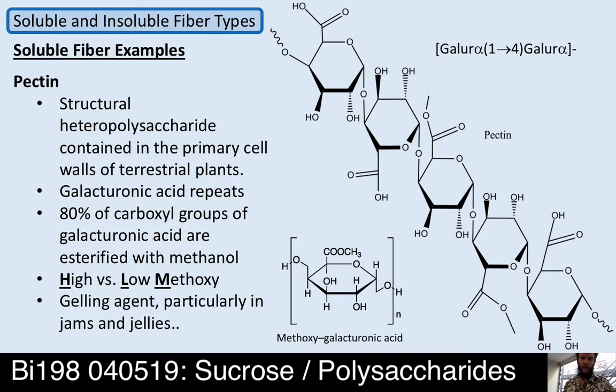And the repeating unit is galacturonic acid. Galactose has an inverted configuration around C4 from glucose, and similar to glucose in every other way, though. And the uronic acid part of it just means that instead of a hydroxyl group, you see that it has this carboxylic acid group sticking off the C6 end of the galactose.